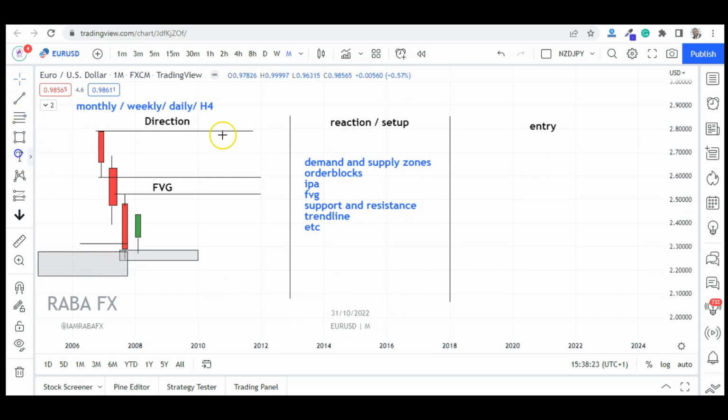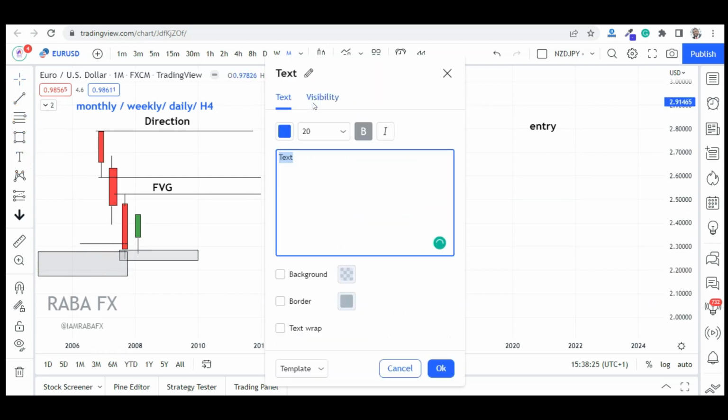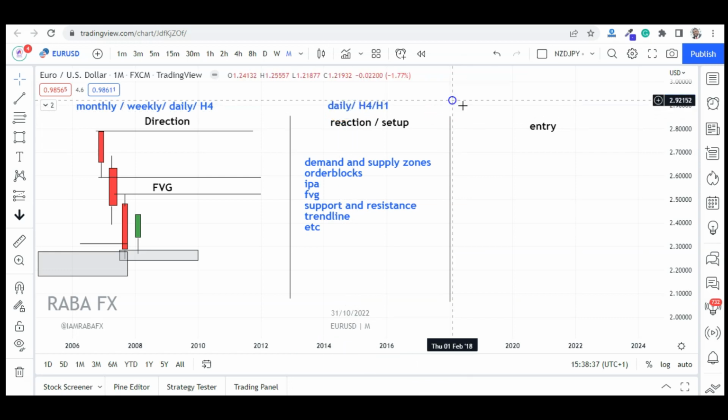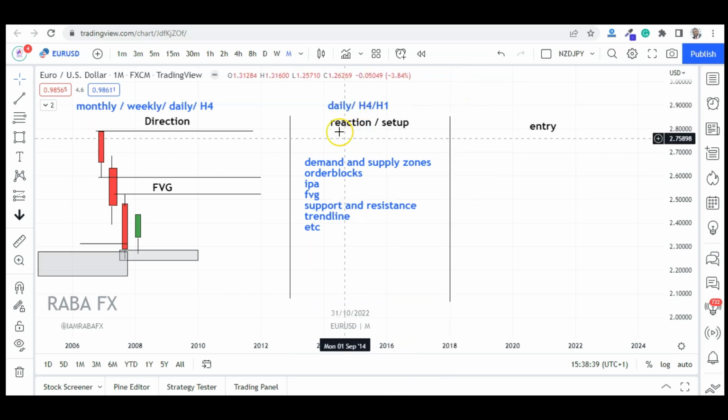And for me, time frames I use for setups could be daily, could be H4, and it could be 1 hour. For my own style of trading, you can use whatever you want to use, because I'm more of a swing trader and intraday trader.